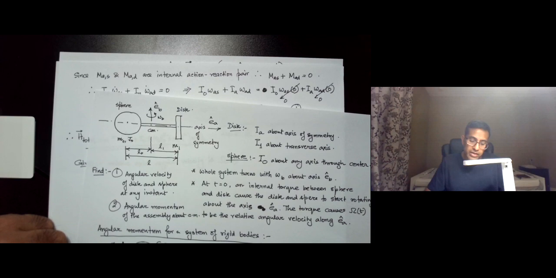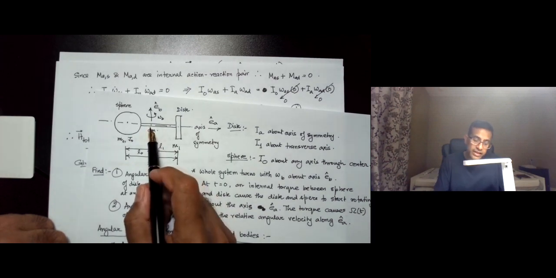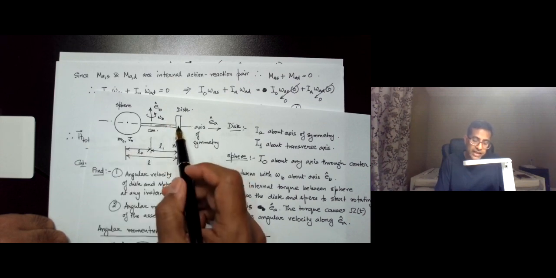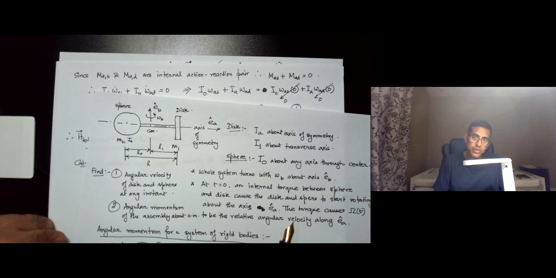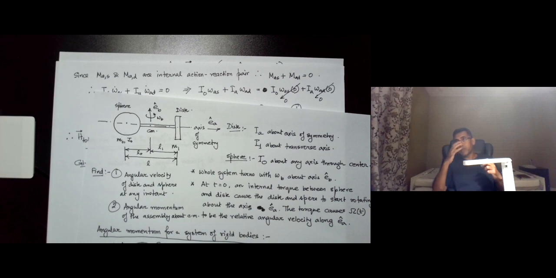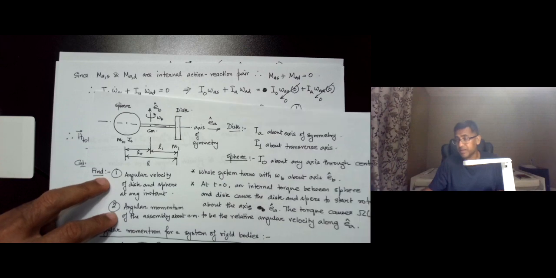One thing to keep in mind is that when there is a torque doing an action which is an action reaction pair, the object which has the lower inertia is, as you can intuitively guess, going to turn faster. Imagine there is a motor mounted on a huge sphere, trying to rotate a much smaller cylinder or disc. As the motor turns the disc, since the disc is small, it's going to start spinning, but the sphere is also going to spin because of the conservation of angular momentum, but its angular velocity is going to be lower because it has a larger inertia.